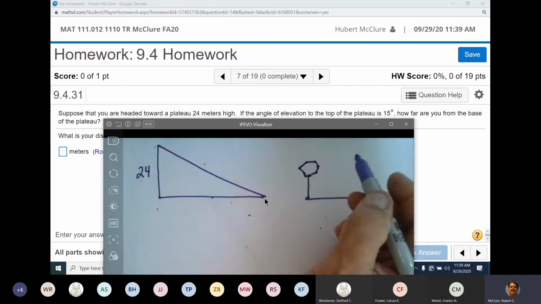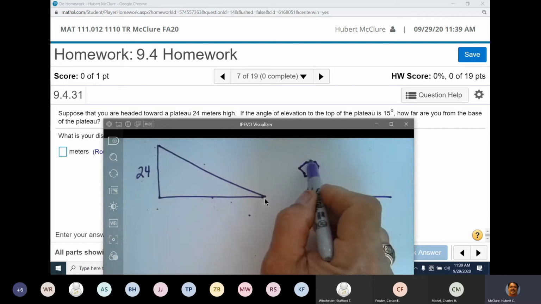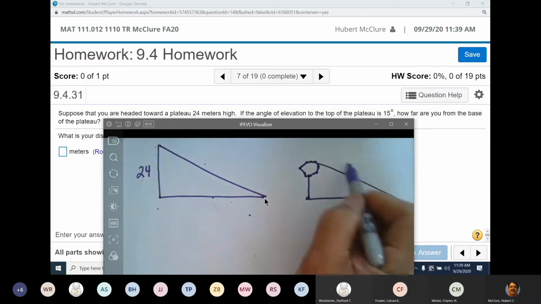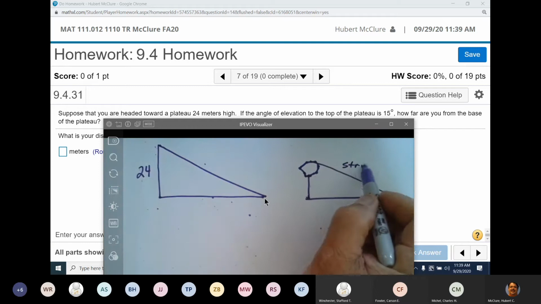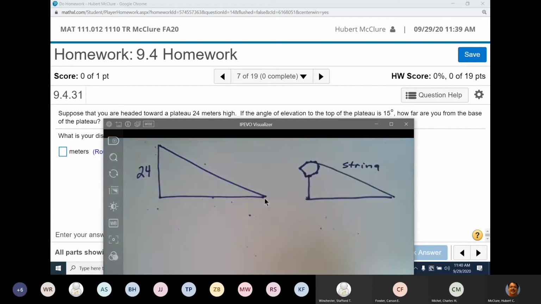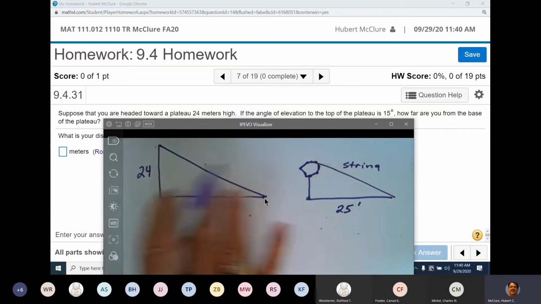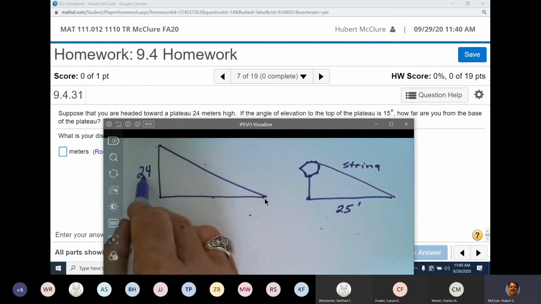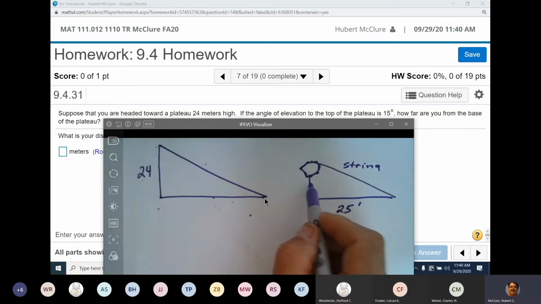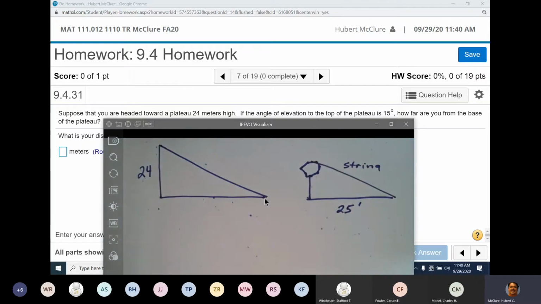All right. And we need to pull the string from the top of the sign, that's your string, and pull a distance here of like 25 feet. Now, I say these are applicable. Here you have the height. Here you don't. So you can maneuver the trig around to where you can do it.